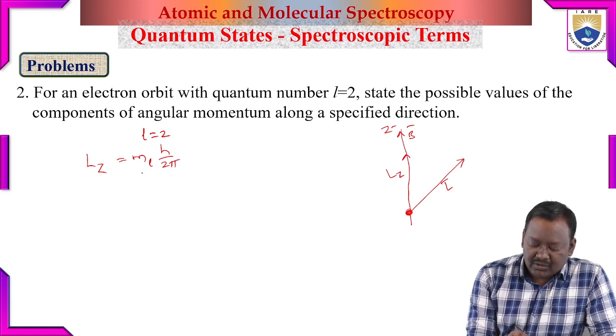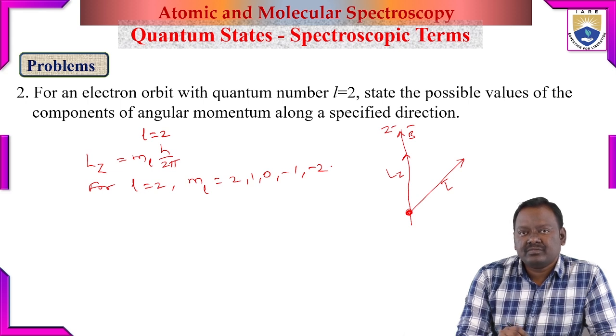In general, for L equal to 2, ml can have values 2, 1, 0, -1, -2.